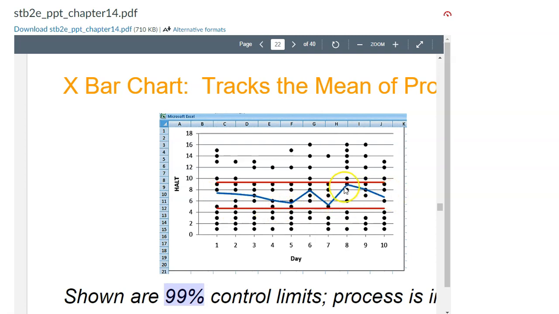If any of these points of this line falls on the control limit, upper and lower bound, or outside of it, on or outside, we say the system is out of control. That means we need to correct our decision.